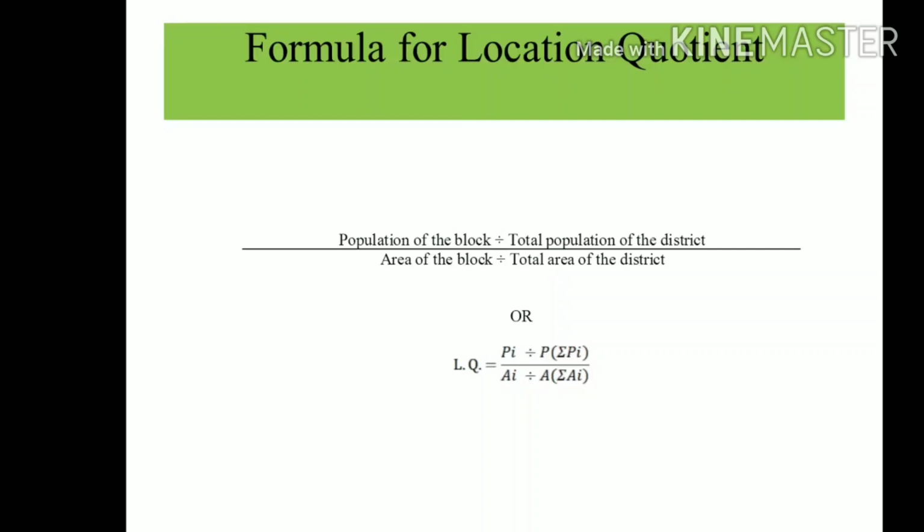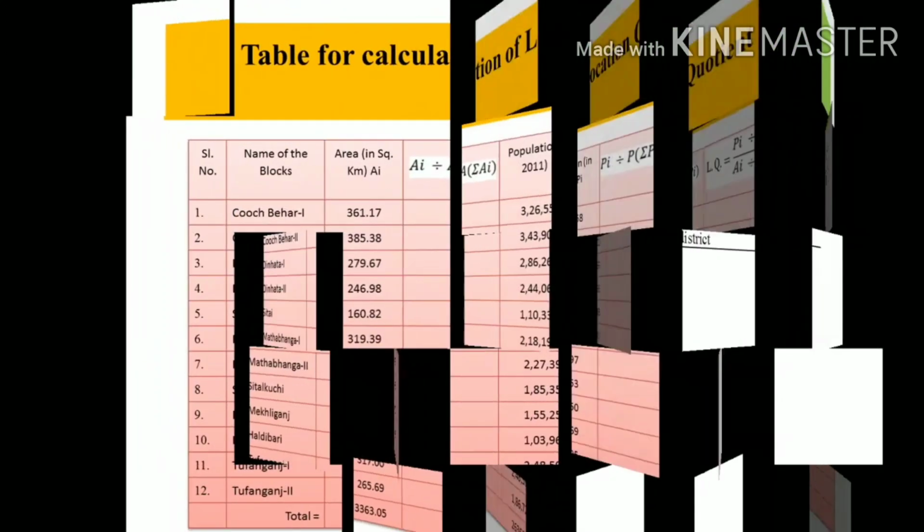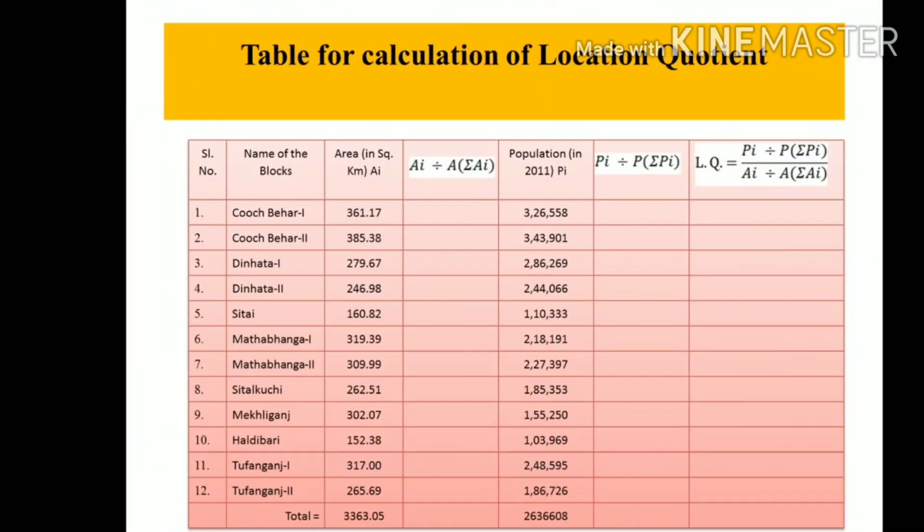Now, the table for calculation of location quotient. In the question, block-wise area and population have already been given: area in square kilometer and population in the 2011 census. The given area is treated as Ai and population as Pi. So in case of area, you have to calculate Ai divided by A. Here Ai is the area of a particular block and A is the area of the district.